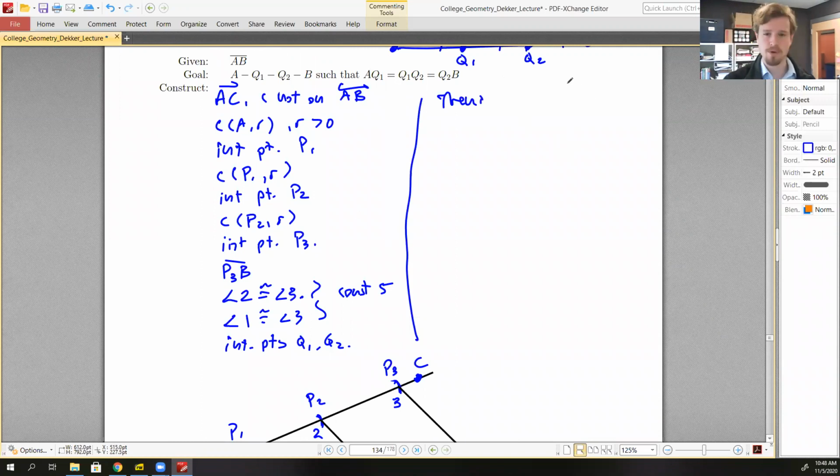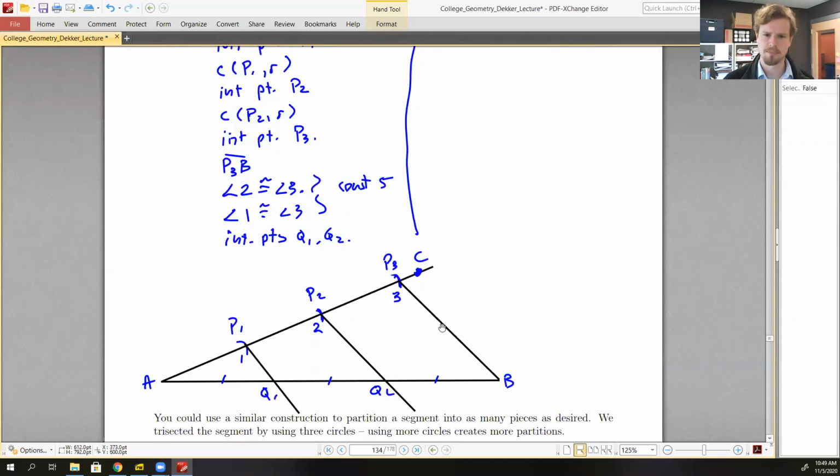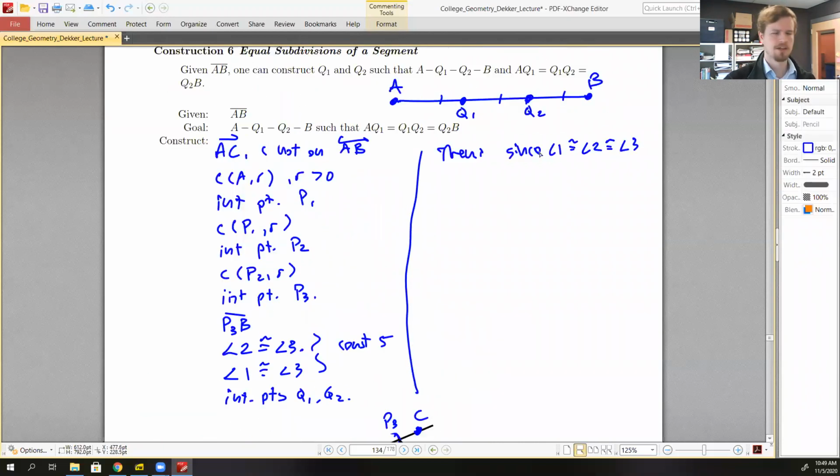So if we do all of this, then since angle 1 is congruent to angle 2, which is congruent to angle 3, they're all congruent. We have a collection of parallel lines, right? Those three lines are parallel to one another. So P1Q1 is parallel to P2Q2, which is parallel to P3B.